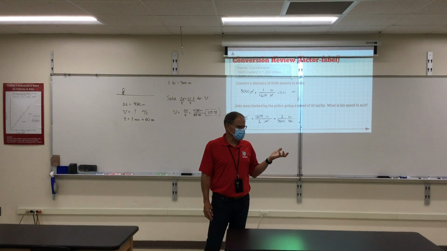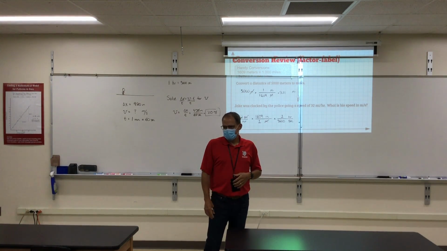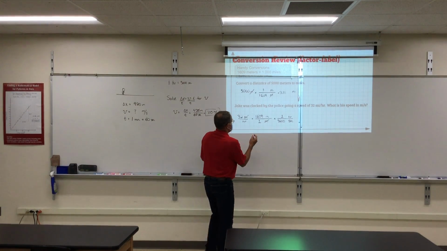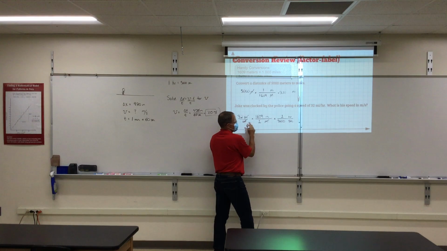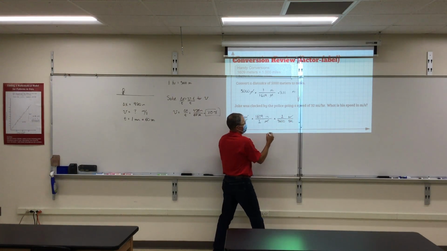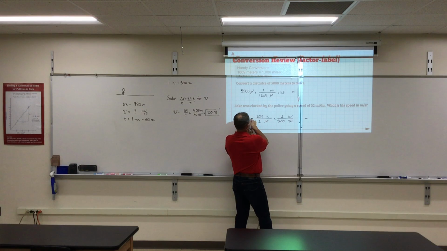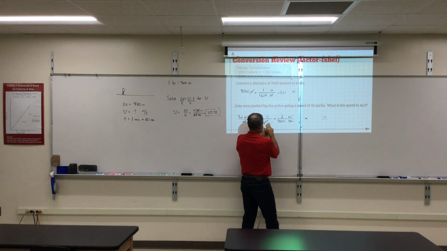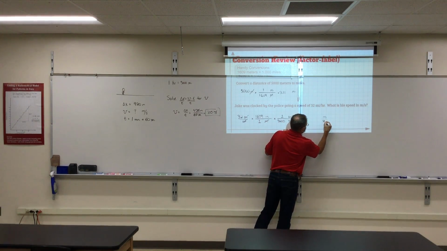How many seconds in a minute? Probably don't need to write that one down. How many feet in a mile? Probably need that one, right? All right, so the hours cancel, denominator, numerator, and it leaves me with a meter in the numerator, and it leaves me with a second in the denominator.